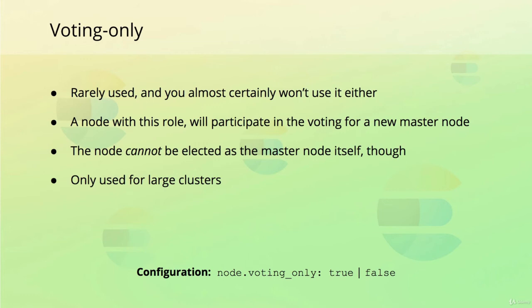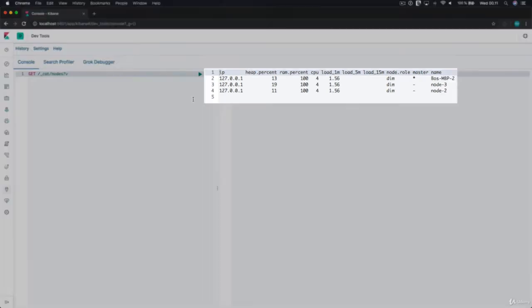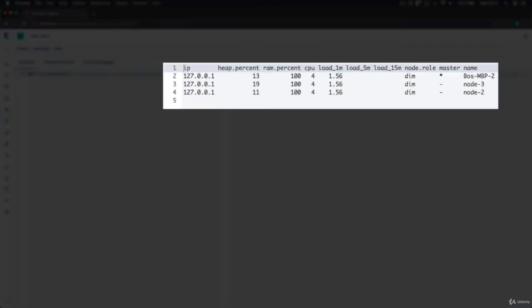So which roles do our nodes actually have? You have actually seen that before, but I just didn't mention it. Let's head over to Kibana and take a look at the nodes within our cluster. There are two columns of interest to us, node.role and master. The first column specifies which roles a given node has.